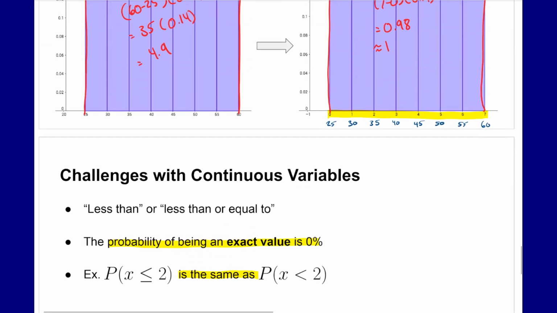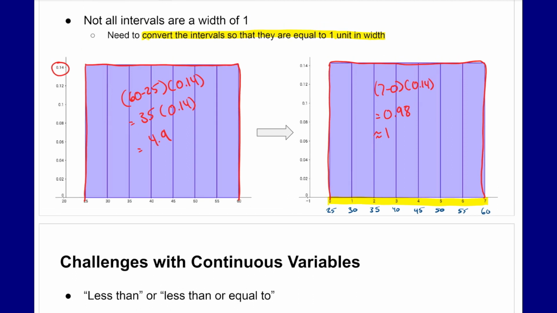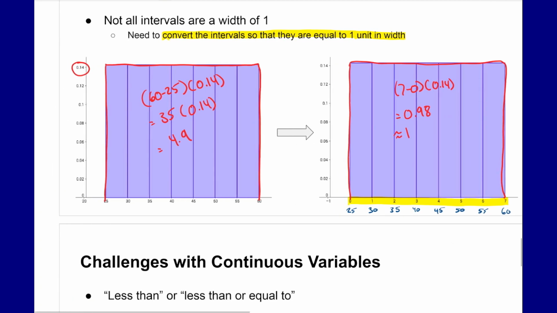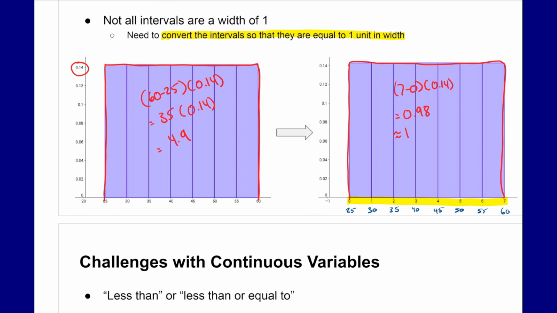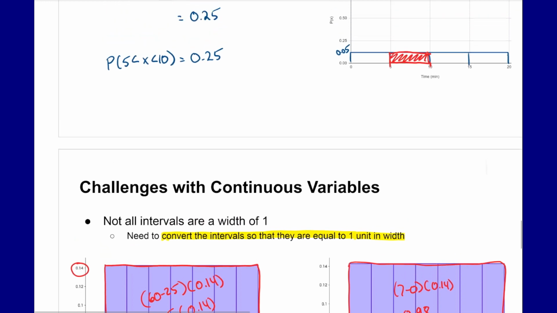The key things from this lesson are how we calculate the probability for continuous variables. It's different from discrete. We have to find the area underneath our probability distribution graph for a specific range of values, which is different from discrete data.